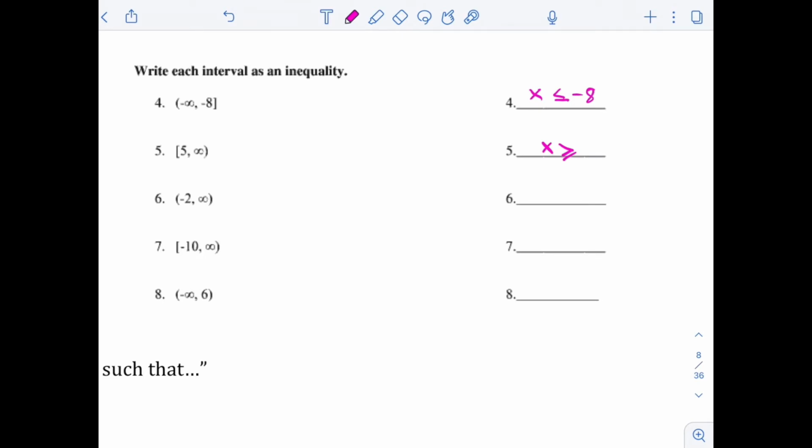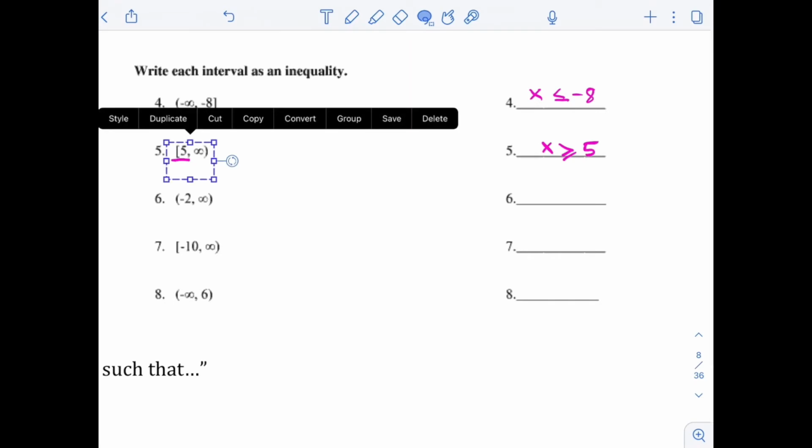So you start from left to right. The smallest number of this set is 5, and it goes to the right to positive infinity. It takes all the numbers greater than 5, including 5 because of the bracket.